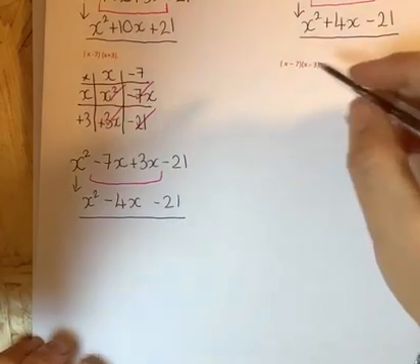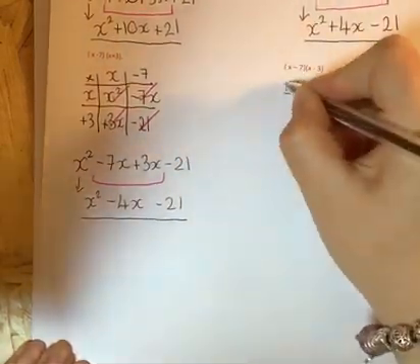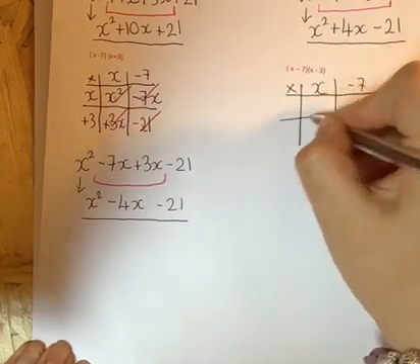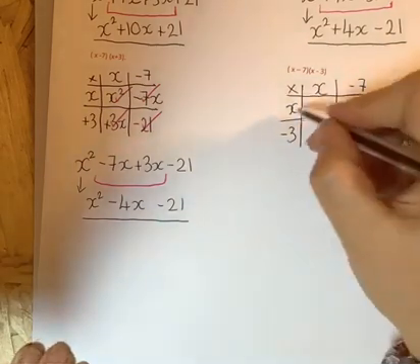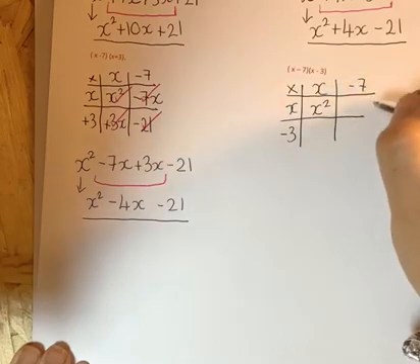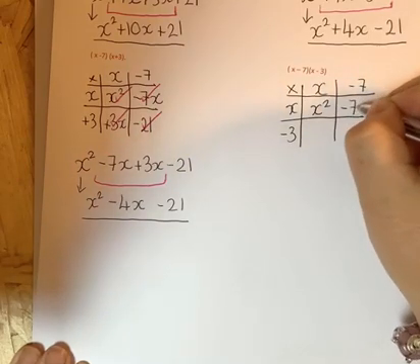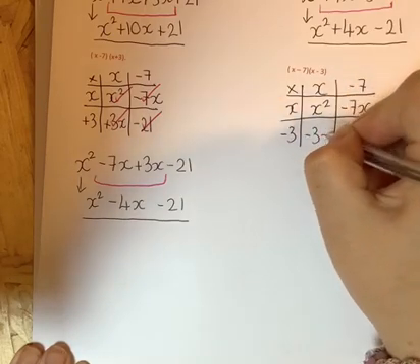So this last one then, when we've got two negatives, we've got x and -7, x and -3. Okay, so x times x is x squared. X times -7 is -7x. X multiplied by -3 is -3x.